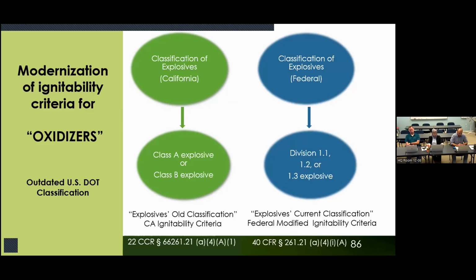DTSC recommends that California revise its regulations to align with the current US DOT classification system, as this change will modify the regulations to provide the correct citation and to ensure consistency and alignment with current US EPA federal regulations. Next one, please.